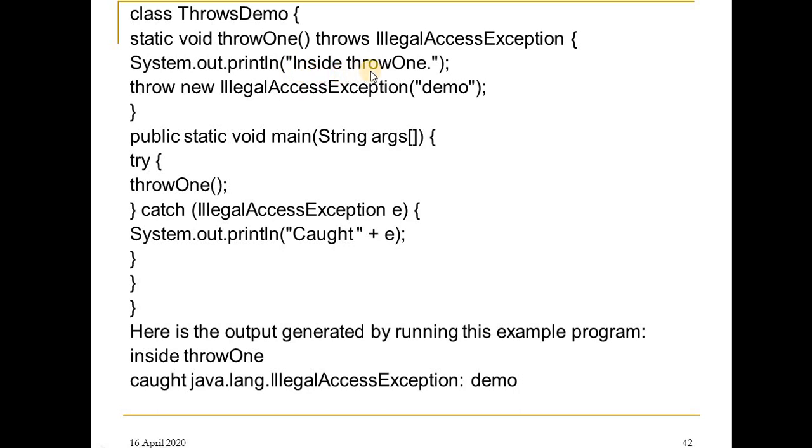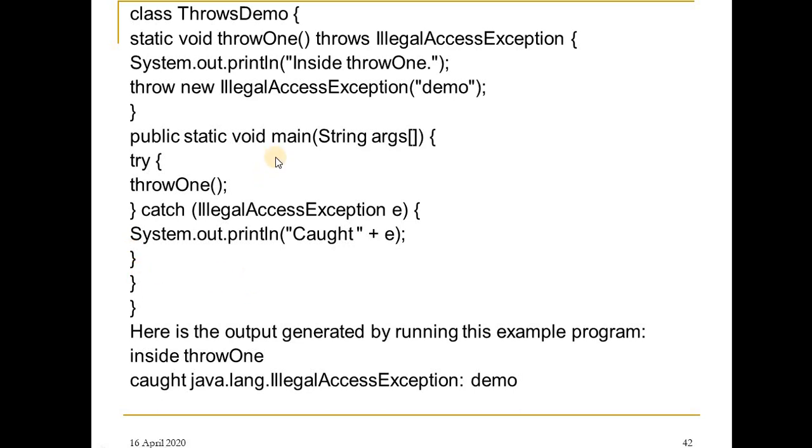System.out.println inside throw1, then throw new IllegalAccessException with the string demo. Next we have the main method. Inside the main method we have the try. In the try block you call the method throw1. Next you have the catch block for that try block, which will catch IllegalAccessException and handle it.